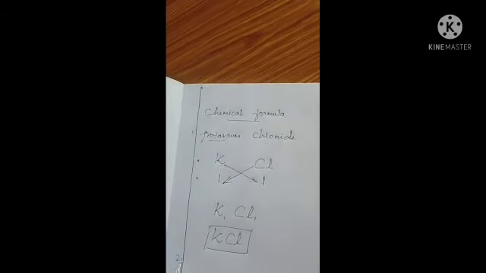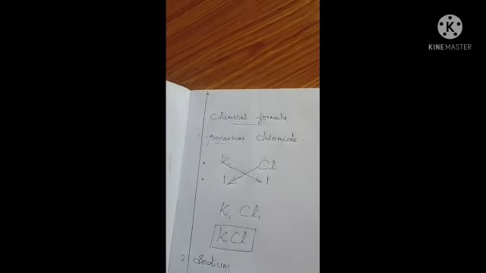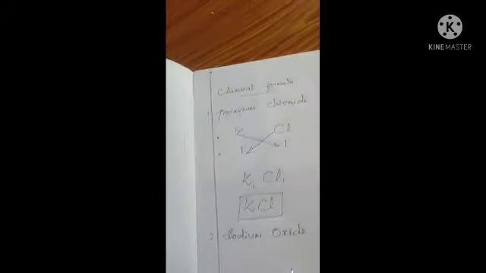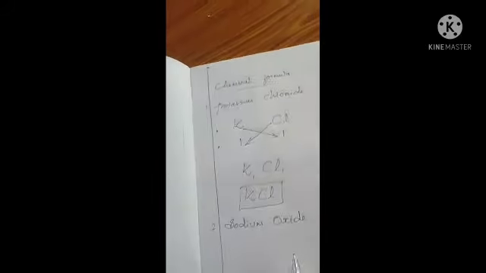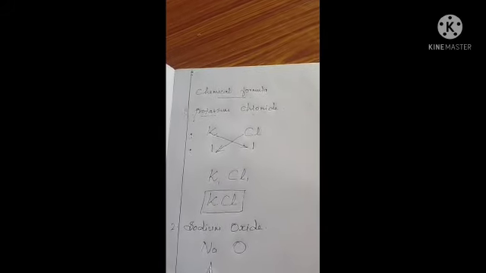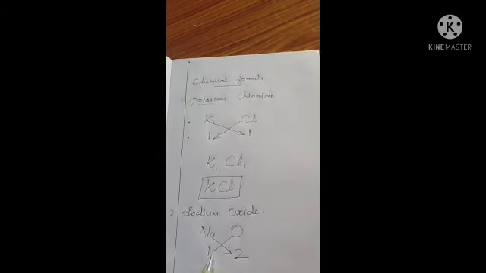Next, the second one is sodium oxide. Okay. Sodium symbol is Na, oxygen is O. Is it? What's the valency for sodium? That is 1. Is it? Oxygen is 2. Now the next step, we want to cross over.